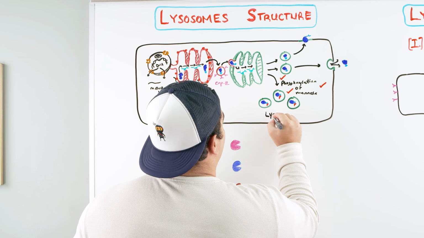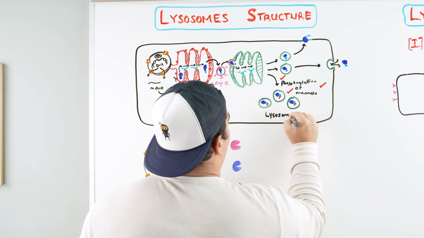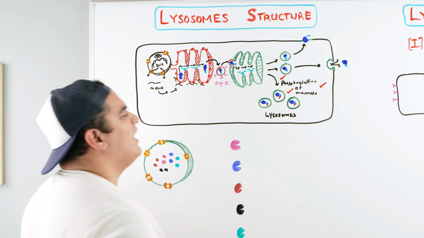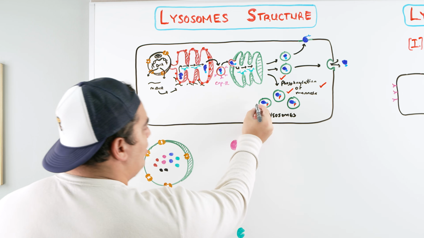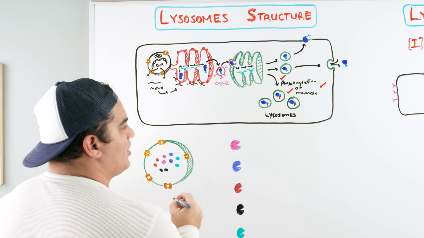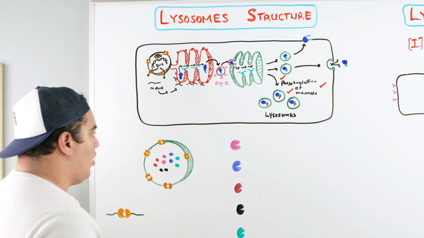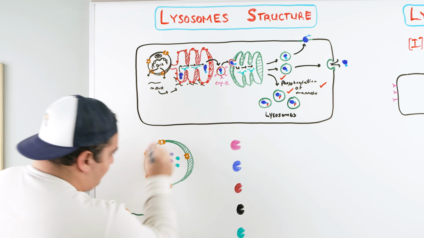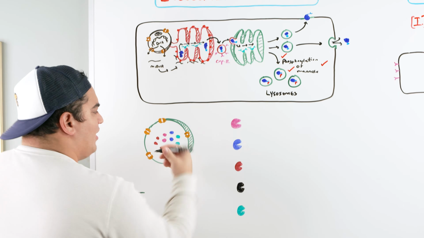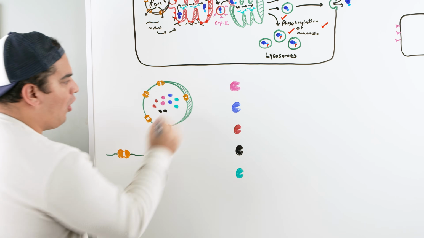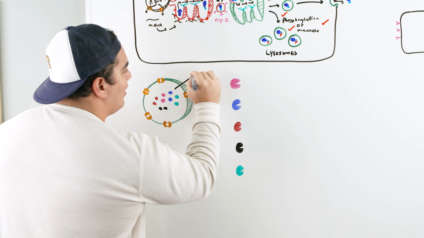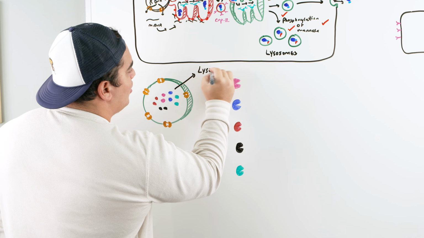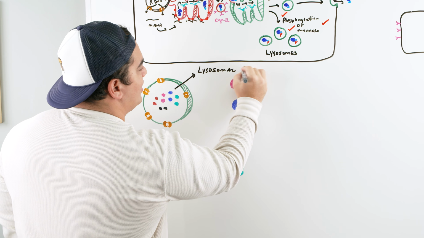Now the cool thing about these lysosomes is we have to talk a little bit about these proteins, these glycoproteins. These glycoproteins that are all located in these vesicles are very specific. Let's come down and talk about them. So here we have a lysosome. I'm just cutting the lysosome so we can take a look inside of it. All of these are going to be your lysosomal proteins.